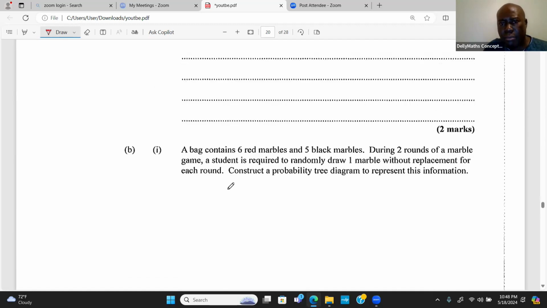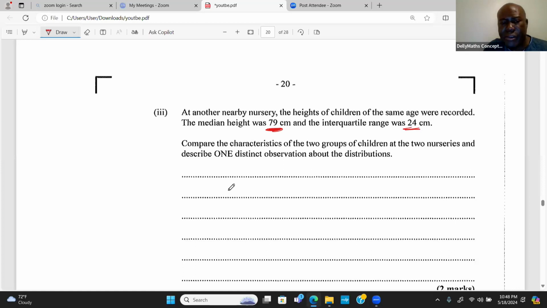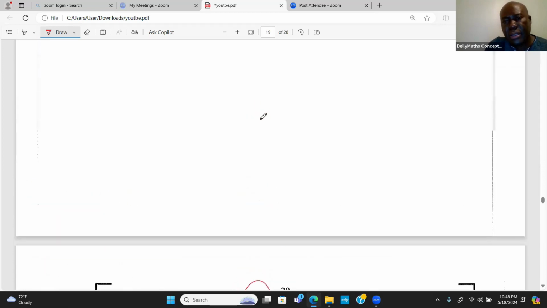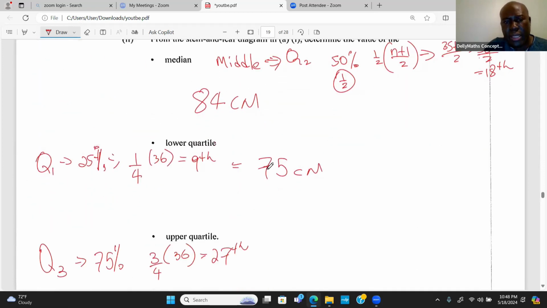All right, so what I'm going to do here is call this other one nursery 2. I'm looking at nursery 1, which is the original one that we did. For nursery 1, we want to look at our interquartile range, which is Q3 minus Q1. Our Q3 was 103. Our Q1 was 75, I believe. I think I'm remembering right. All right, good.